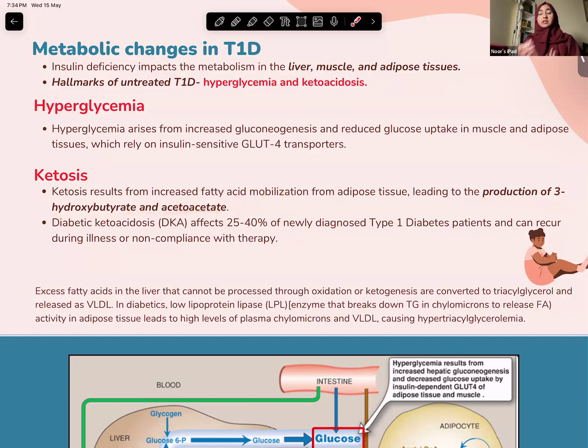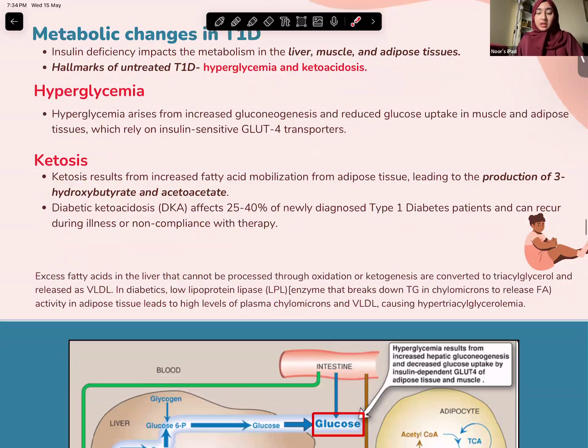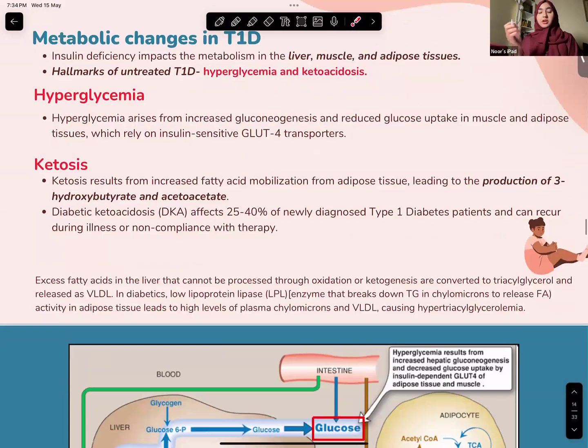Diabetic ketoacidosis affects 25 to 40% of newly diagnosed type 1 diabetes patients and can reoccur during illness or non-compliance with therapy. Okay, this point basically mentions excess fatty acids in the liver that cannot be processed through oxidation or ketogenesis are converted to triacylglycerol and are released as VLDL.